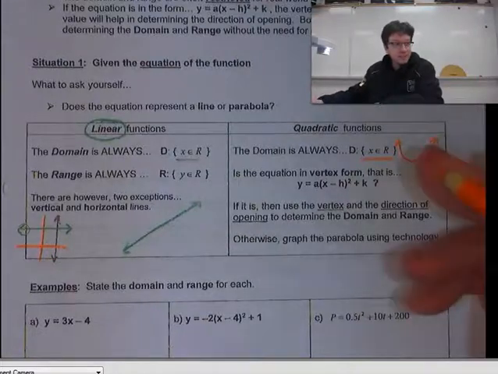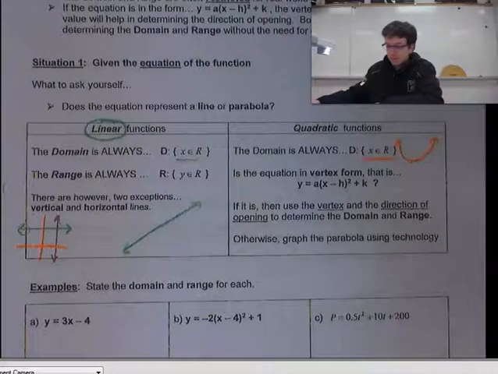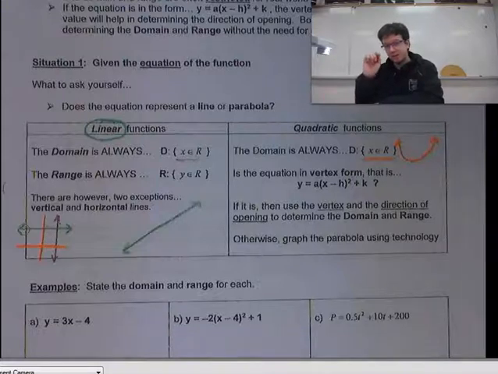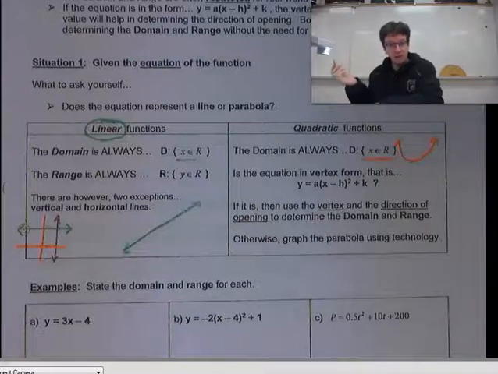Now the tricky thing is y. We always say all real numbers because we're not talking about discrete points. If you were to plot data as a point, and a point, you'd have to actually identify what those values are in x and what they are in y for your domain and range, which is what we did in the very first lesson of this chapter.